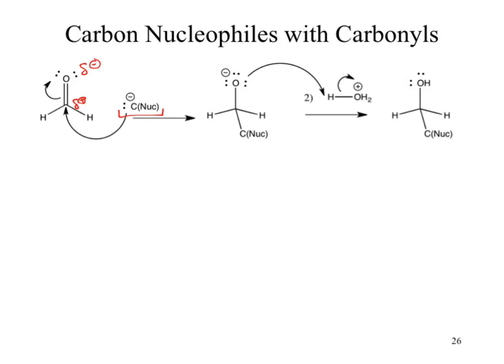Strong nucleophile, we don't need to activate the oxygen on our carbonyl. So our nucleophile can attack our partial positively charged carbon of our carbonyl, causing that bond to break open.